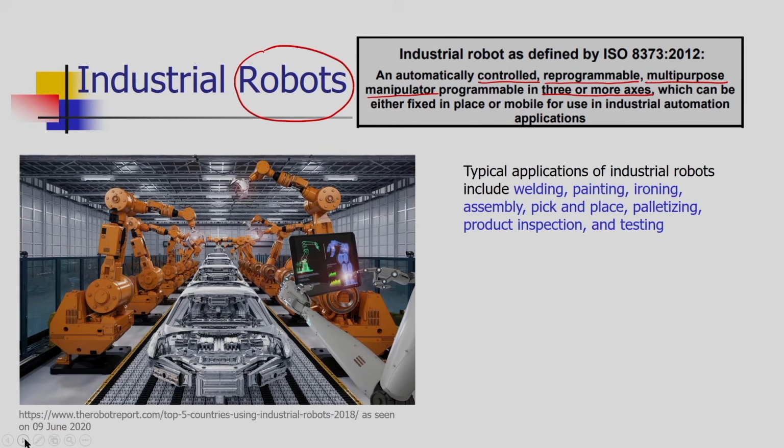So, various applications of industrial robots are in welding of the structures, mainly in automobile industry, painting of the products, ironing.